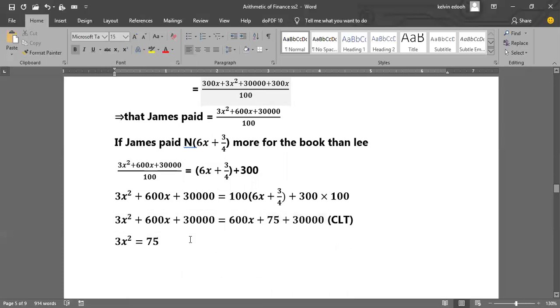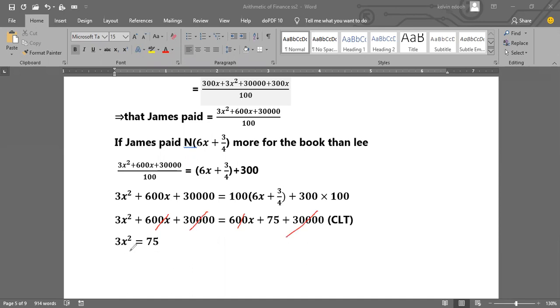The next thing is to collect like terms. If this term comes over here, remember, this is positive, so if you cross over there will be a negative, so this will cancel out. Then also this term comes over here, and this also cancels out. So you'll be left with 3x squared equals 75.